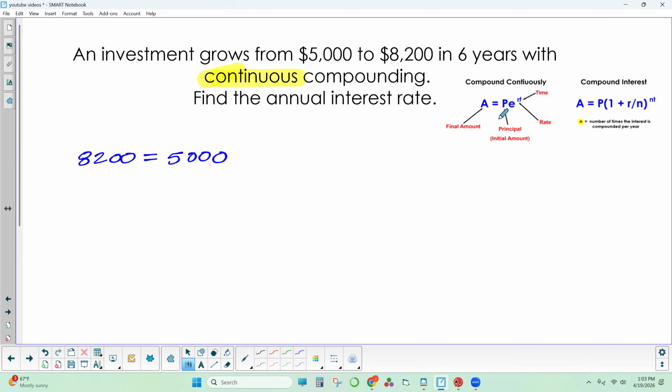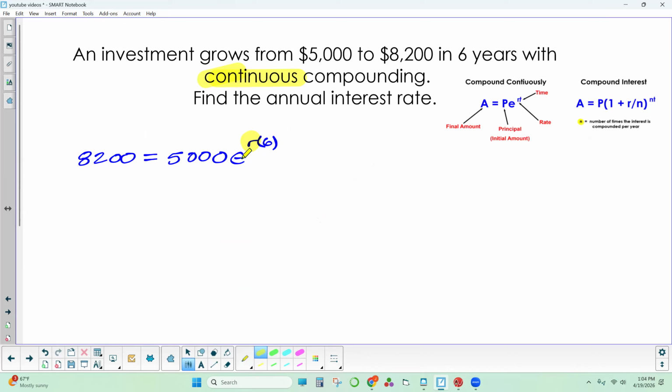We are using our formula over here on the left. So we're going to multiply 5,000 by e raised to the rt. Okay, and we're looking for the rate. So we don't know r, but time is 6 years. So I'm going to put in 6, okay? And we're ready to solve this. So we are solving for our exponent r, right?